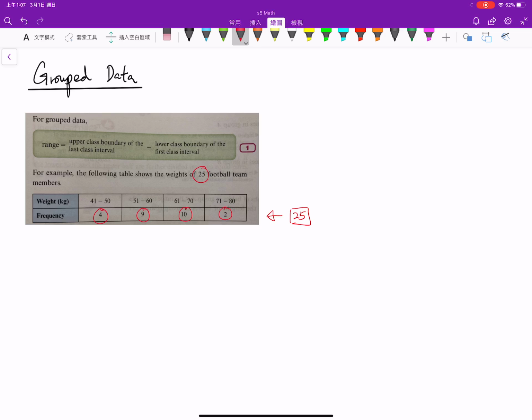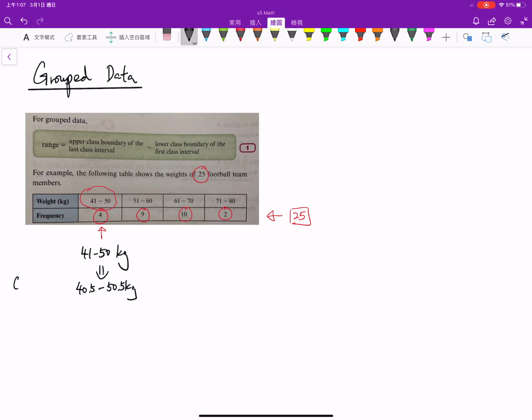Then what is the smallest data? First, we look at this 4. 4 of them lie in this class. You remember what is class boundary. For 41 to 50 kg, we need to extend it into 40.5 to 50.5 kg.